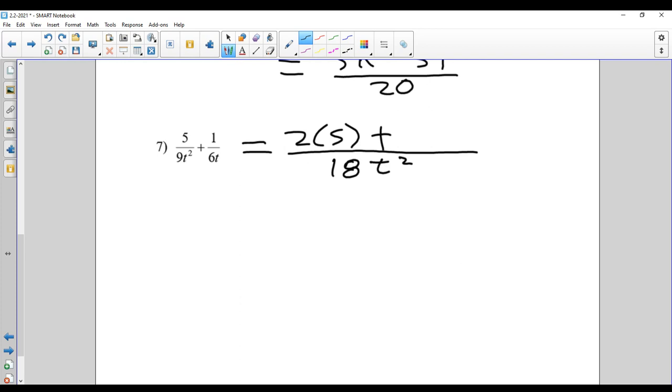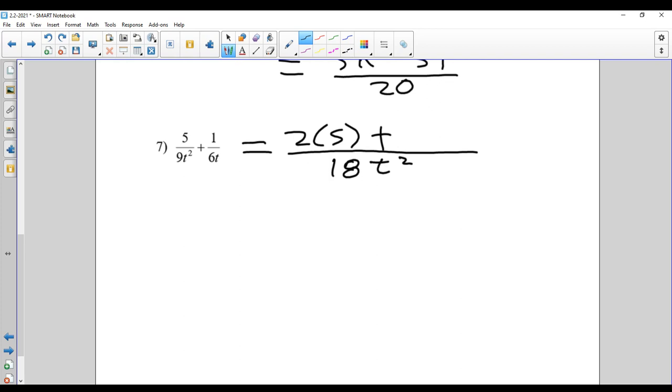Plus, what do I multiply? Yes, Angeli. So this one here by just 3t? Good. Because we're going to ask the question again. What do I multiply 6t by to get 18t squared? The answer is 3t.